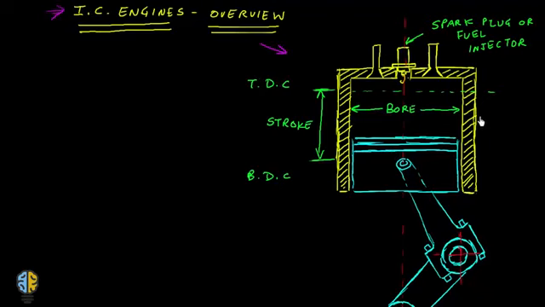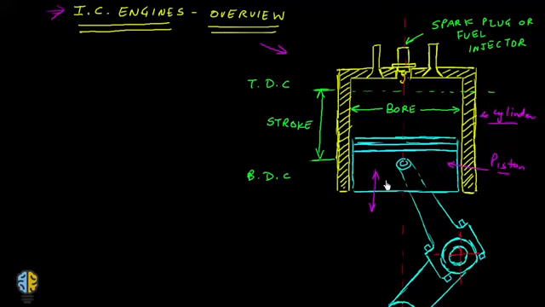So this part is called the cylinder, and this is your piston. Now the cylinder is the fixed part and the piston reciprocates inside this cylinder. This is the kind of motion the piston will have inside the cylinder. Now there are two fixed positions.